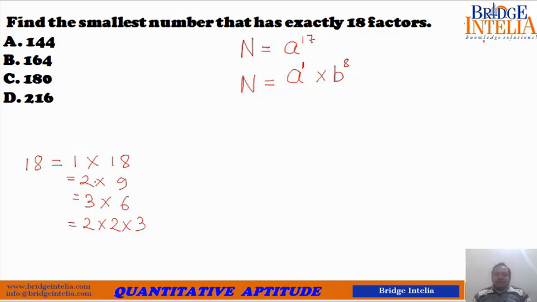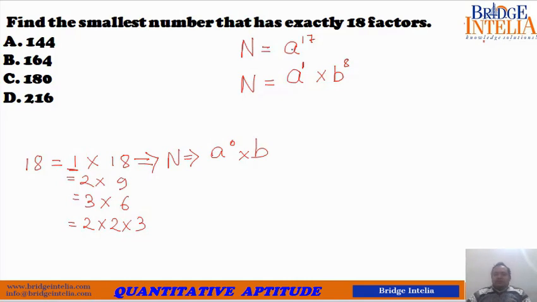I think these are the 4 possible ways in which 18 can be written as a product of numbers. So n can be of the format a to the power 0 into b to the power 17, but writing a to the power 0 is meaningless, as you have not taken any power of it.